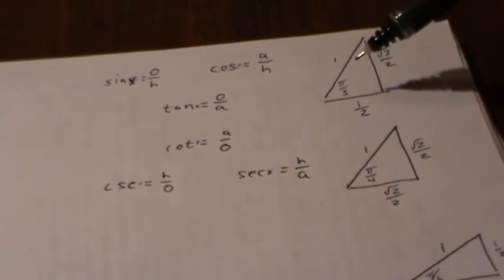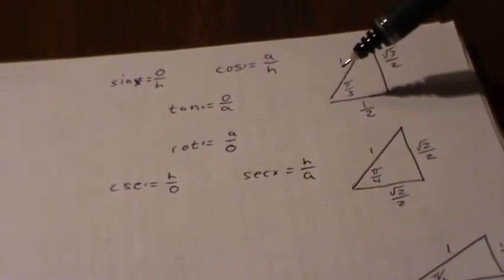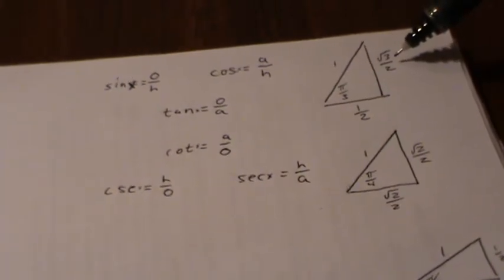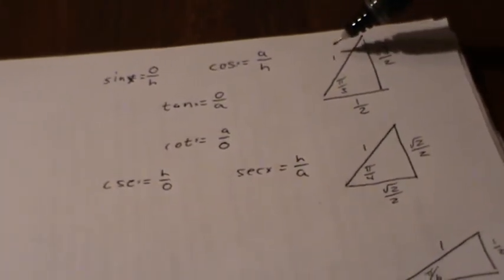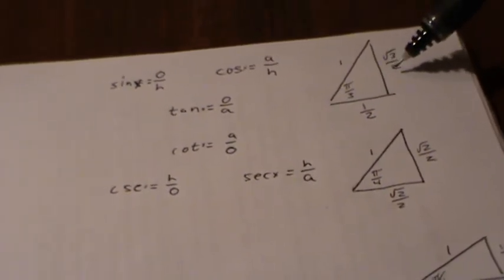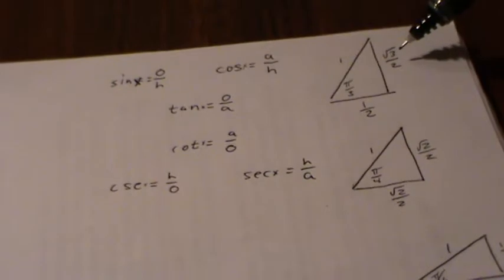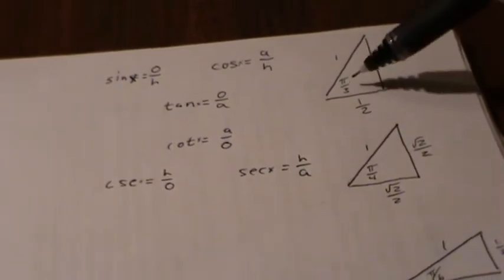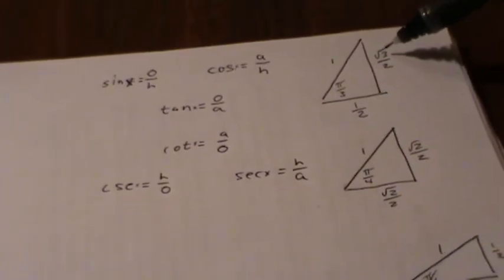If I think of this special triangle and I want to do sine of pi over 3, it is the opposite side divided by the hypotenuse, and so it would be square root of 3 over 2 divided by 1, or just square root of 3 over 2. So we immediately know that the sine of pi over 3 is square root of 3 over 2.